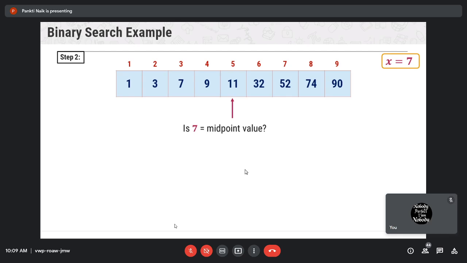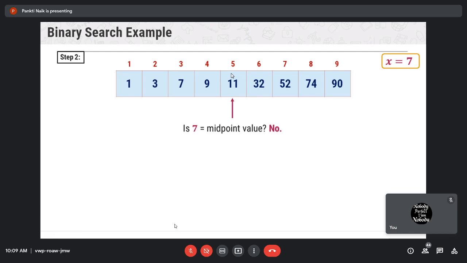If your key value is equal to the midpoint value, then the desired element is present in the list. But here the key value is not equal to the midpoint value.